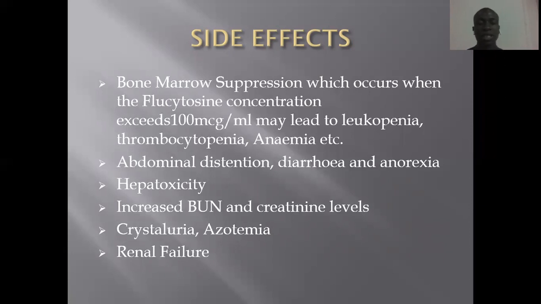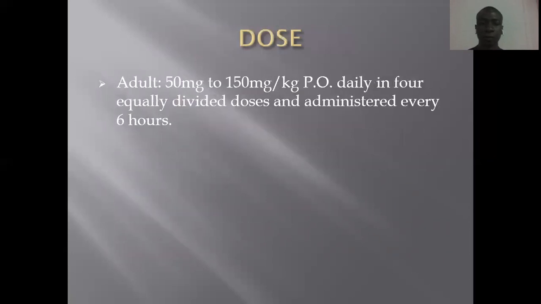Also abdominal distension, diarrhea, anorexia, hepatotoxicity that causes toxicity of the liver, also increases the blood urea nitrogen and creatinine levels in the body, and also causes azotemia, that's the toxicity of the blood, and renal failure.